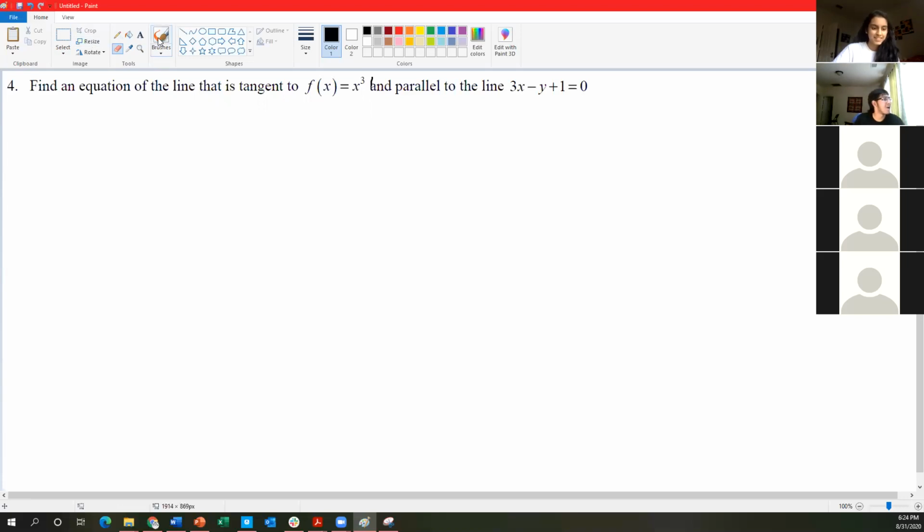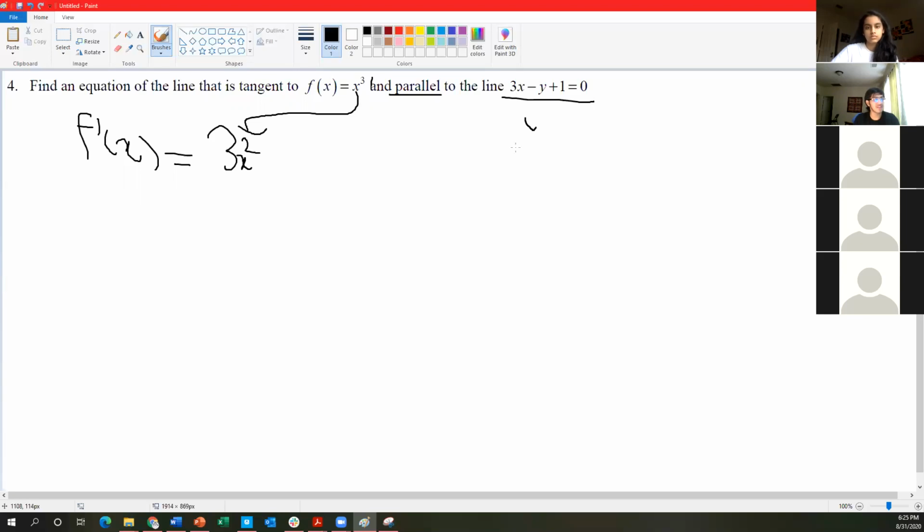That's fine. And so now that we know that f prime of x is equal to, what did we say? 3x squared, right? And you should know from the power rule that it's 3x squared. We want to find the line parallel. What does parallel mean? Whenever we think parallel, what do we think? Same slopes. Same slope, right? So we're going to eventually set this equal to the slope of this line.